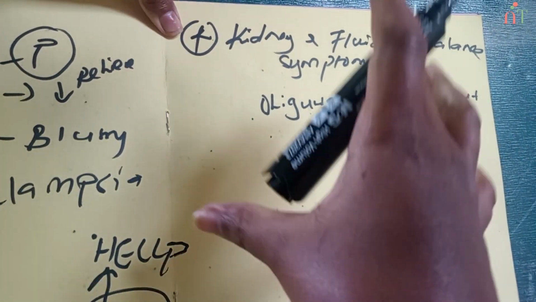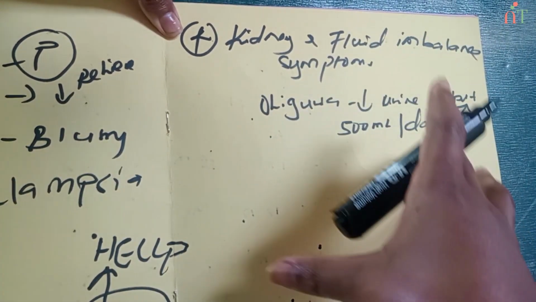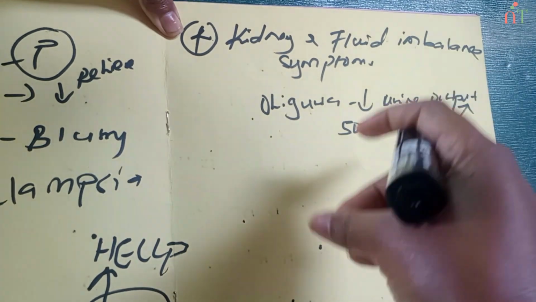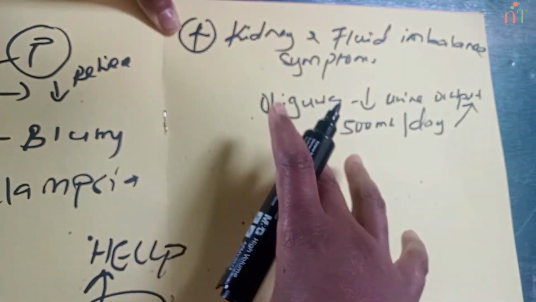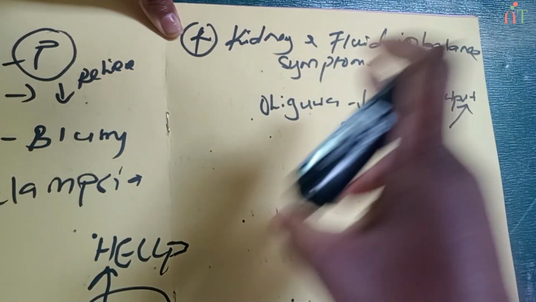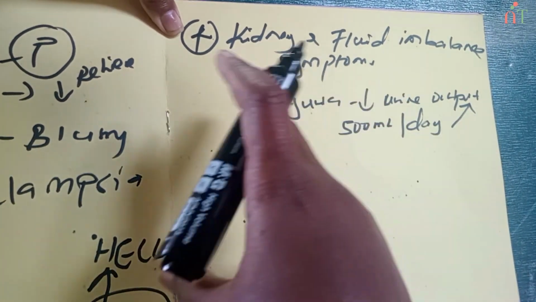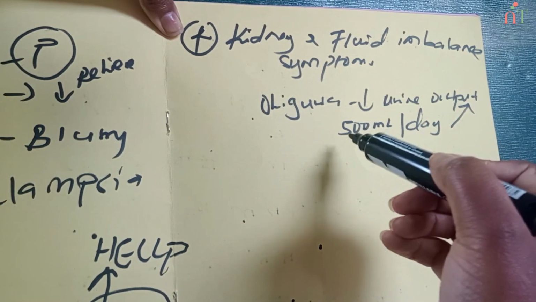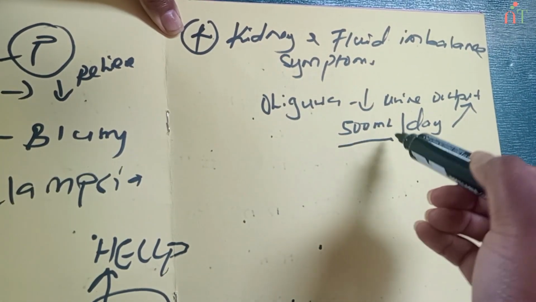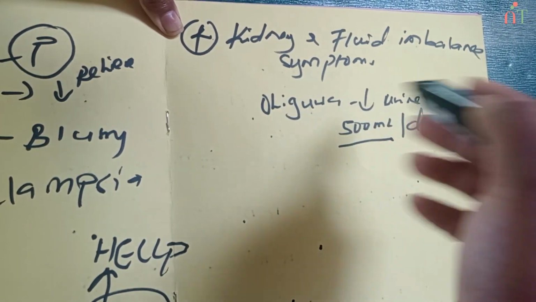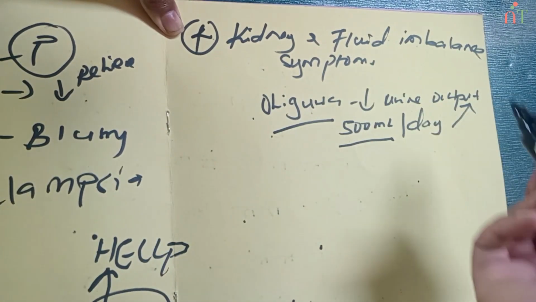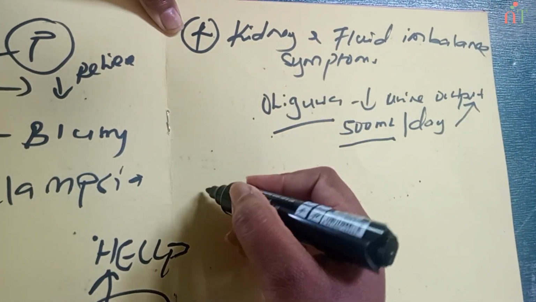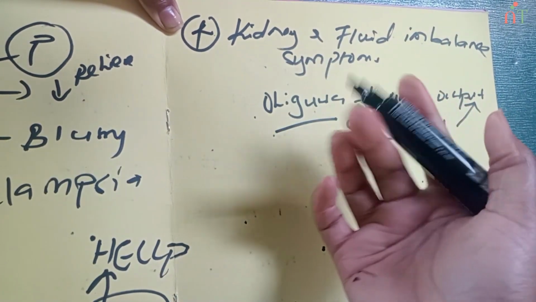I told you that the inflammatory factors that are normally released from the ischemia of the placenta cause damage of the blood vessels, and the blood vessels of the kidney are not spared. So if this person has urine output of 500 ml per day or less, then you can clearly see that they have oliguria, and it's a good symptom of preeclampsia.